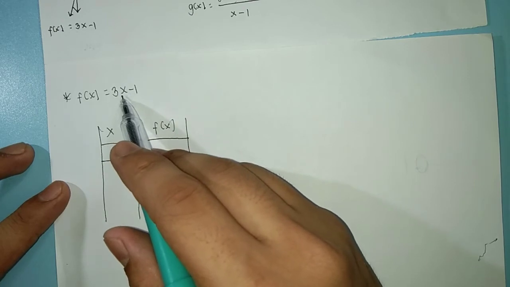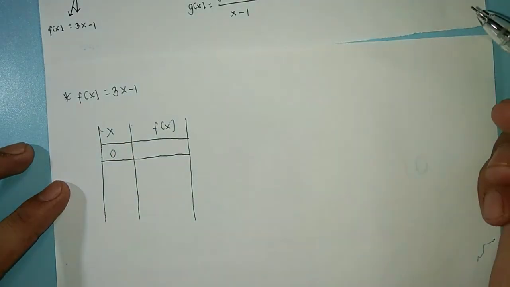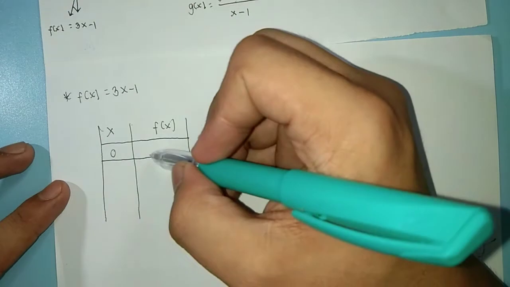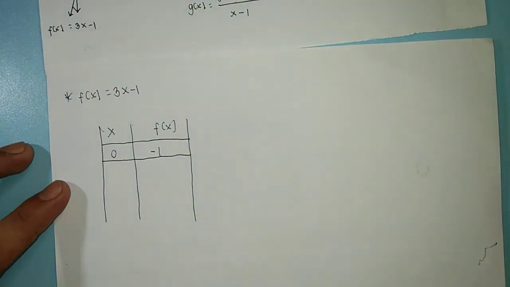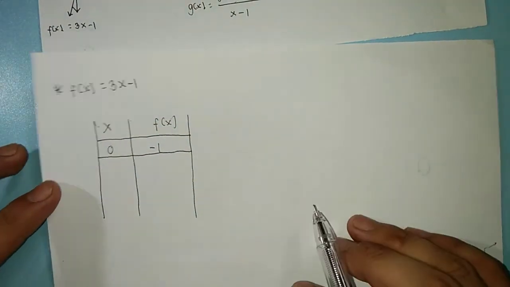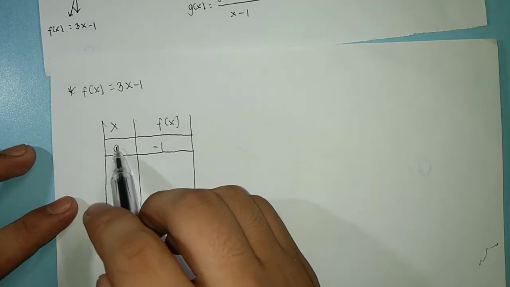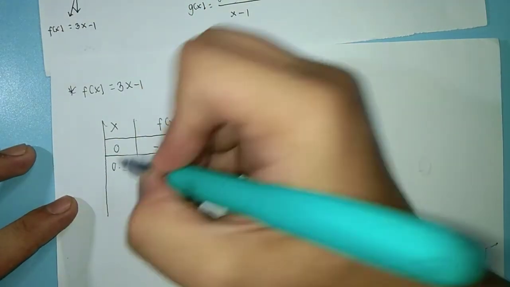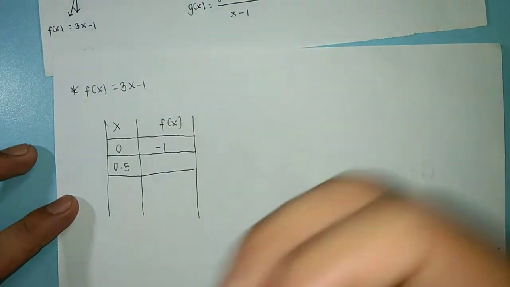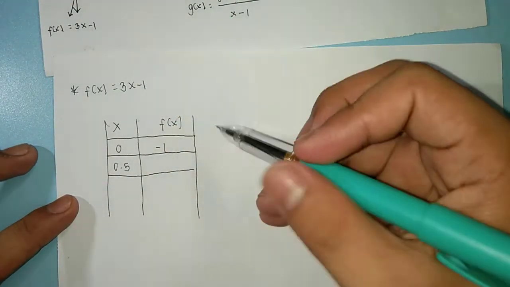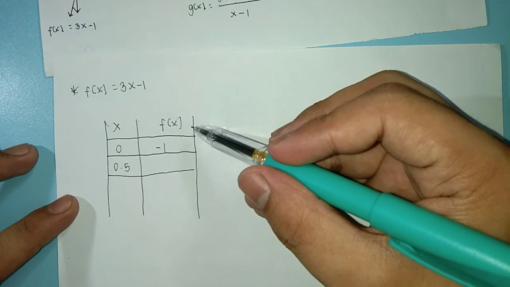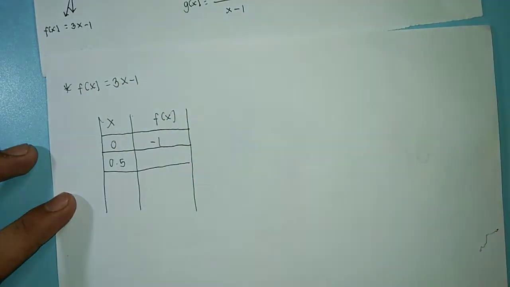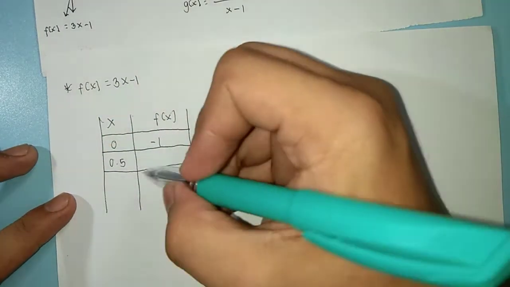So, we have 3 times 0 minus 1, that is negative 1. Now, i-approach natin tong 0 sa 1. So, let's have 0.5. Ilalapit natin sa 1. Then, the value of f of x will be 3 times 0.5 minus 1. That is 0.5, no?